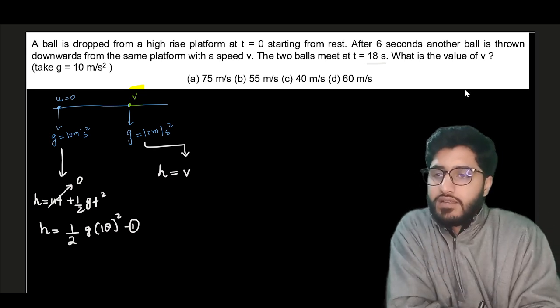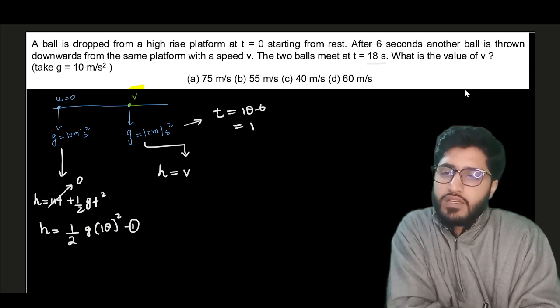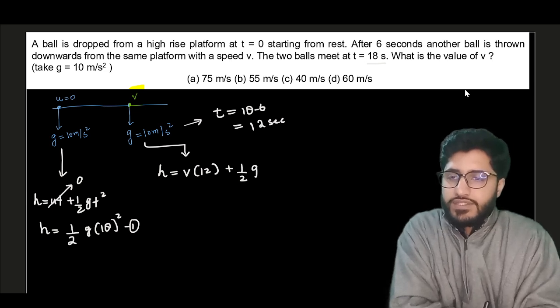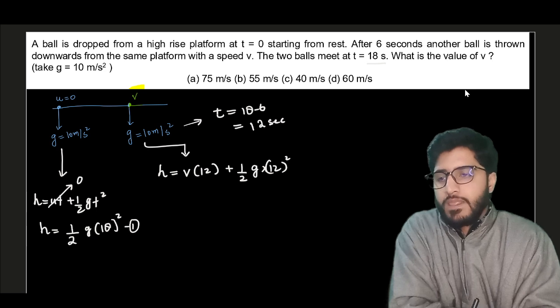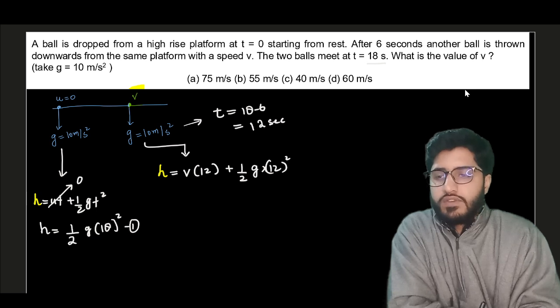So time of collision would be 18 minus 6, which is 12 seconds. So I can write here: h equals v times 12 plus 1 half of g times 12 square. They will collide, so if they collide, these heights will be the same.